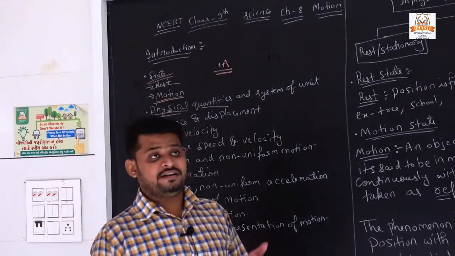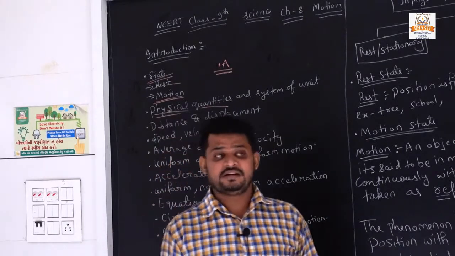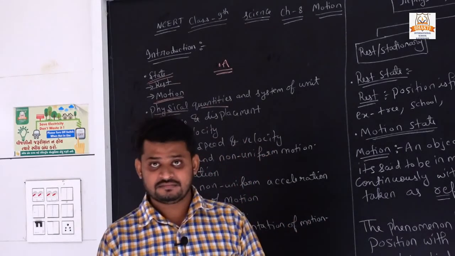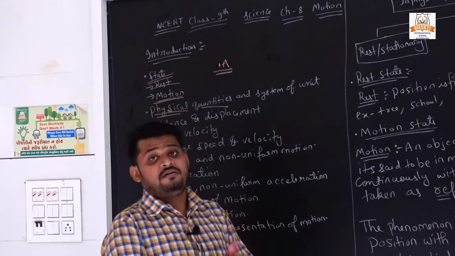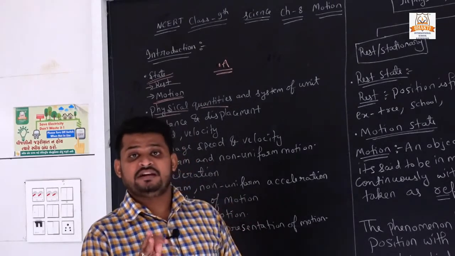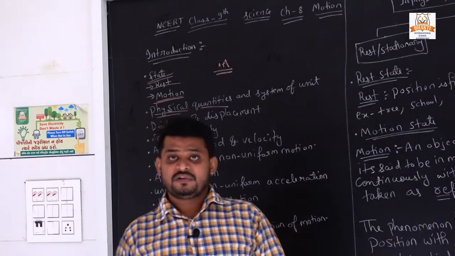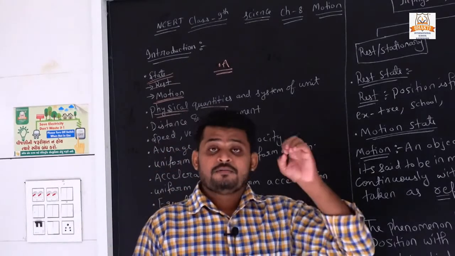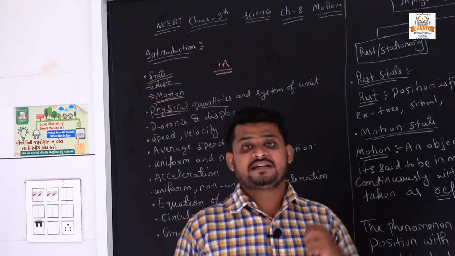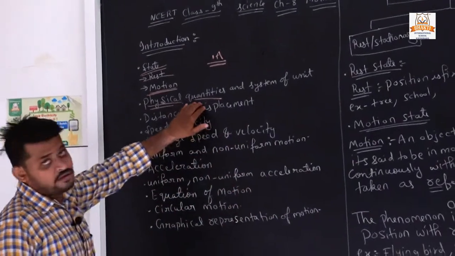A quantity which has only magnitude, meaning it doesn't need any direction, is called scalar quantity. If physical quantities have magnitude as well as direction, then it is called vector quantity.